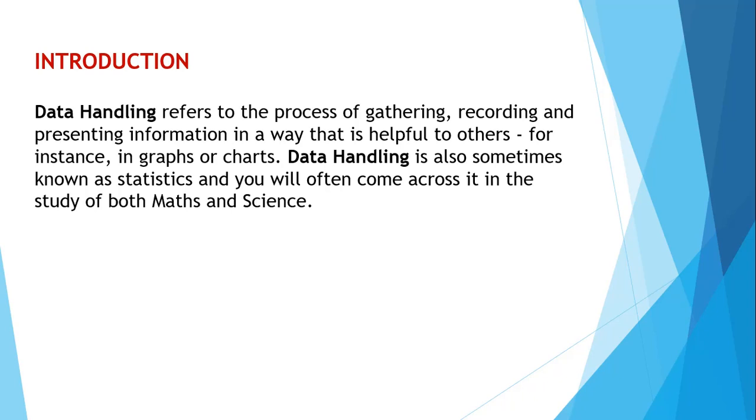For instance, in graphs or charts, as you know, whenever information is in the form of visual elements, like graphs or charts, it provides a better understanding of that particular data. This data handling is also sometimes known as statistics. You must have studied this term statistics in class 7th, 8th, also in mathematics and science. Why are we calling this statistics?